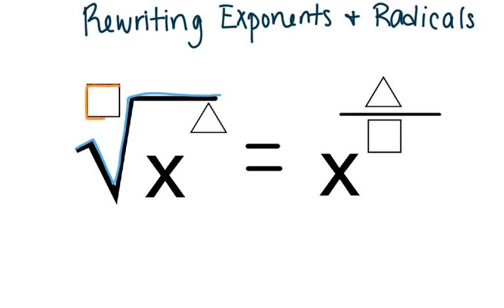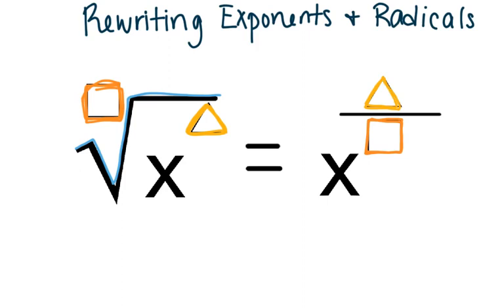Okay, so let's refer to this as the square root. Whatever the number is right here, where the square would be, is going to become the denominator of the fraction. And whatever is the exponent on the variable inside the radical is going to become the numerator.